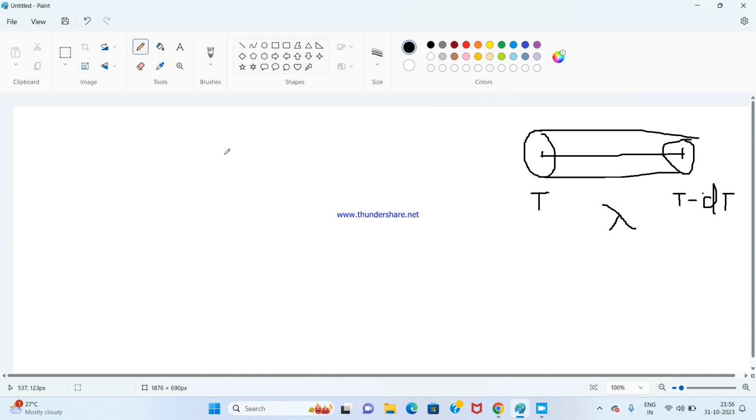Okay, so now from the kinetic theory, that is the gas theory, the electron here is assumed to be moving inside the conductor like a gas molecule.